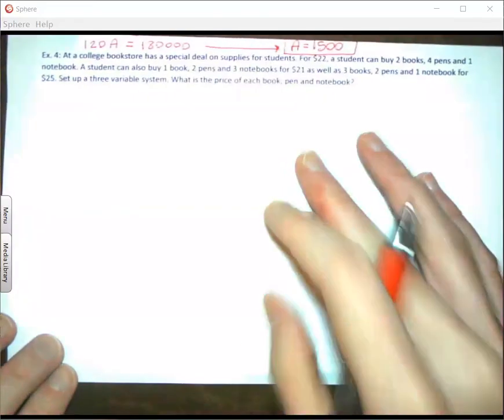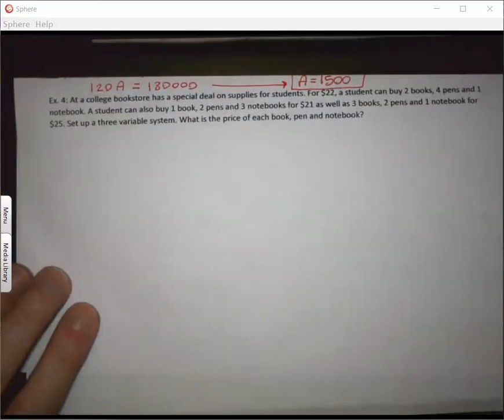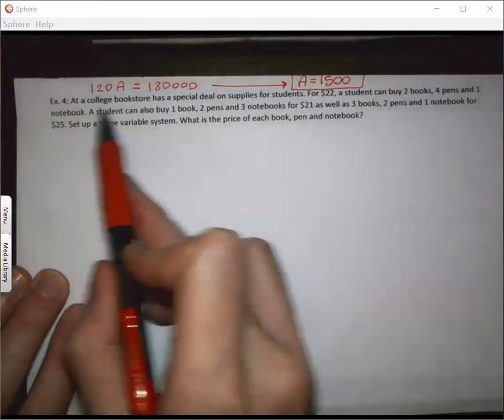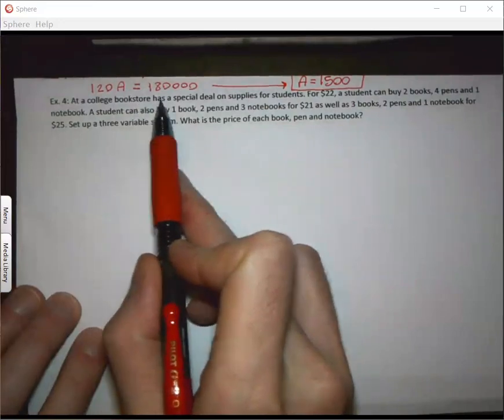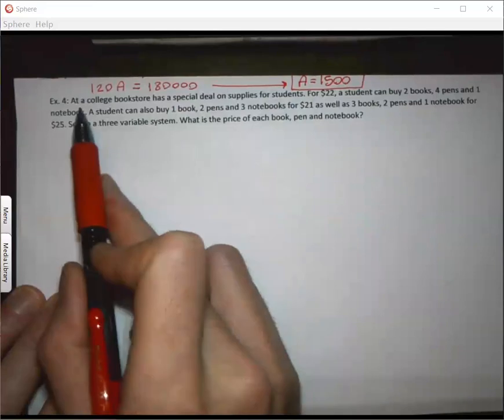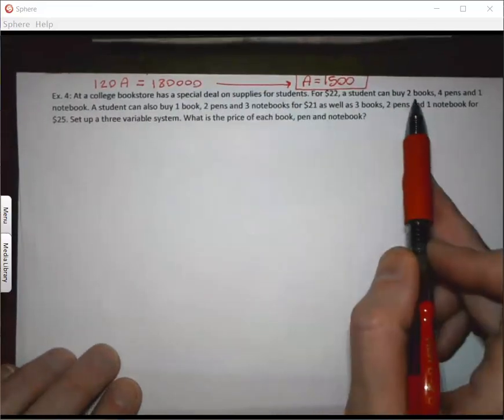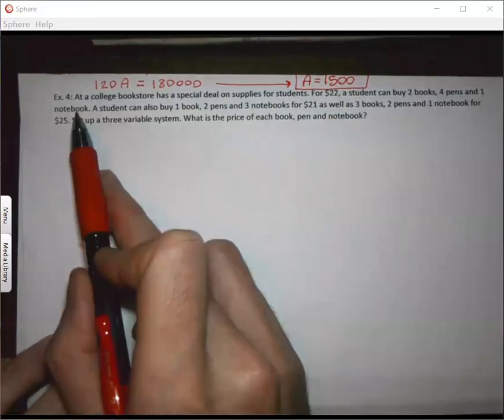So example 4, we want to make sure we go back and follow the same steps. So step 1, read the problem. A college bookstore has a special deal on supplies for students. For $22, a student can buy 2 books, 4 pens, and 1 notebook.